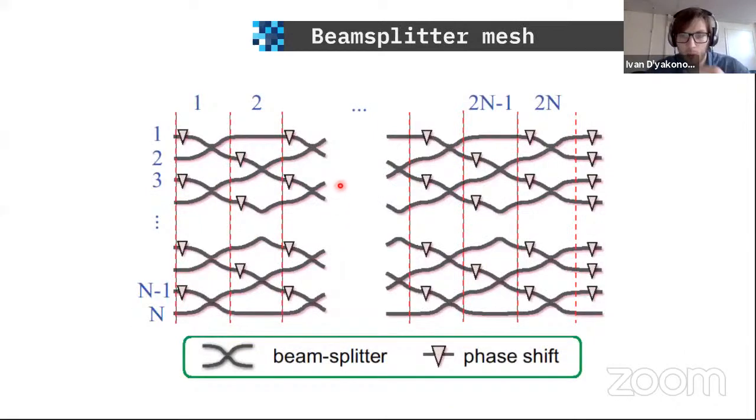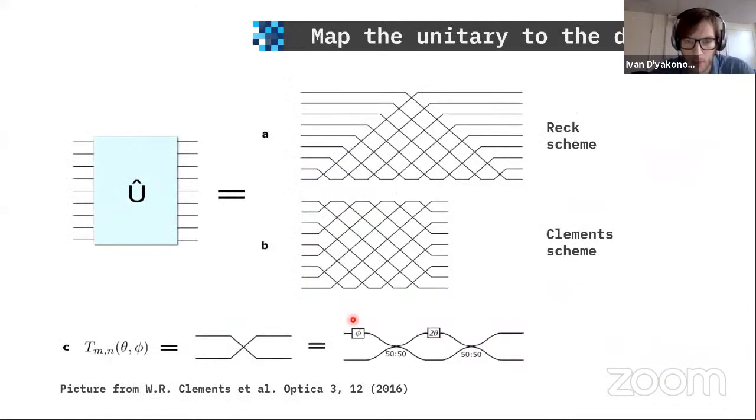The next topic was a little more classic, with 2x2 interferometers in between. Here we have a regular mesh of beam splitters with the phase shifters covering this mesh in a bit different fashion than, for example, in the Clements scheme.